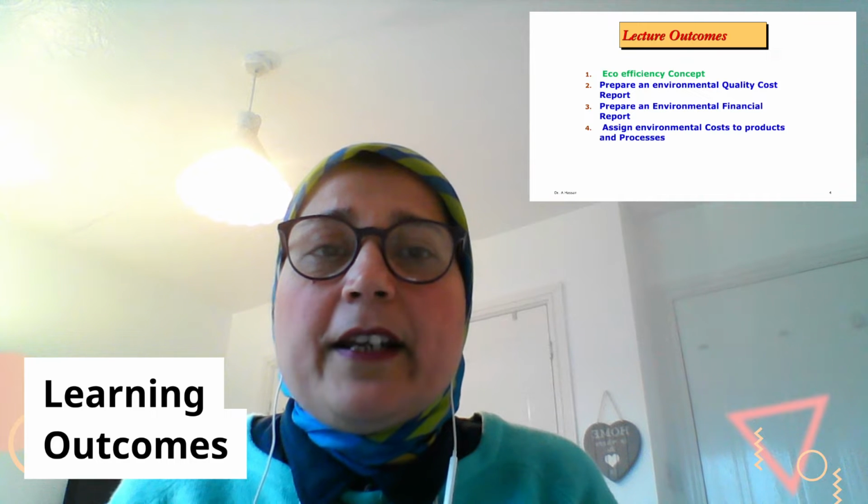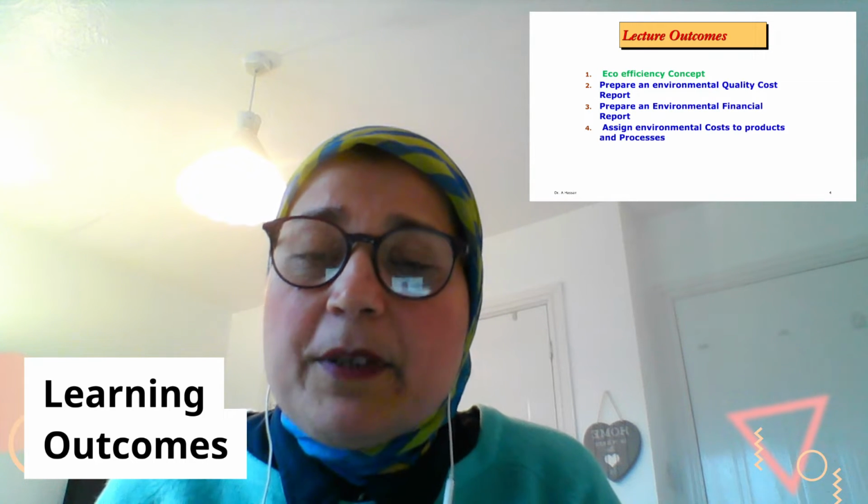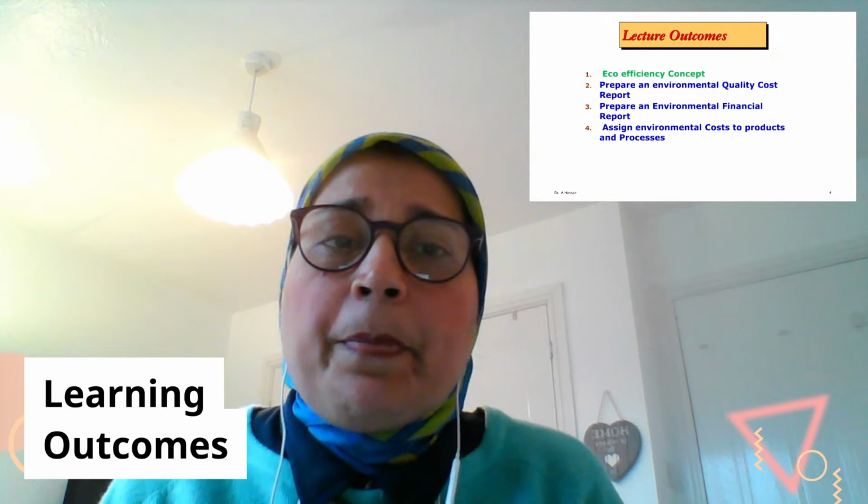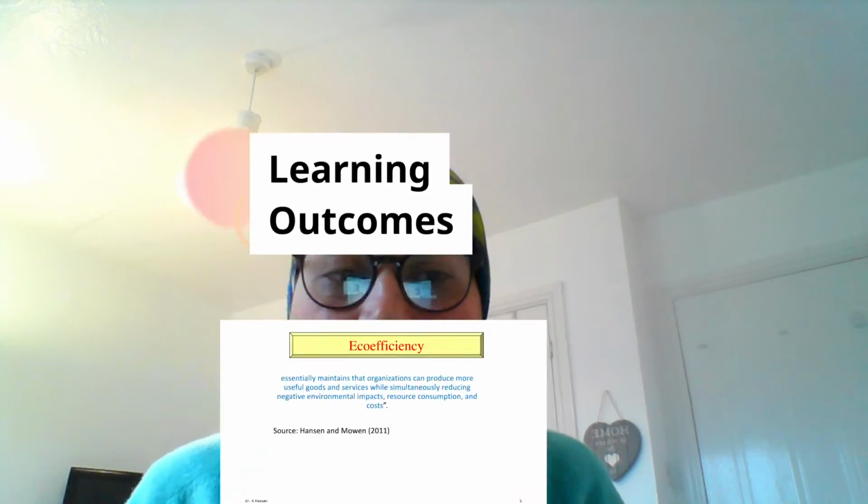First, we are going to cover the eco-efficiency concept, and we are going to prepare an environmental quality cost report. We are going to learn how to prepare an environmental financial statements report, and then how to assign environmental cost to products and processes.